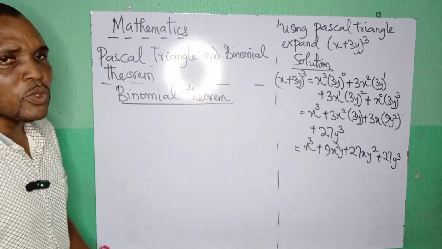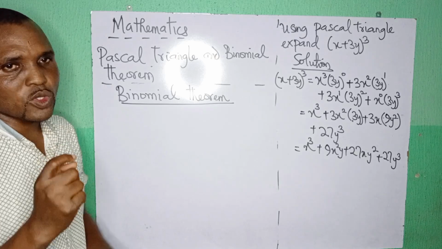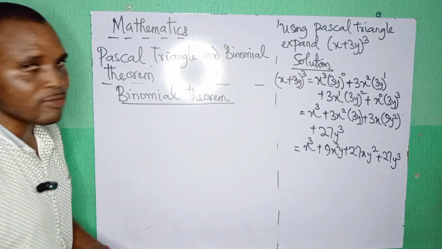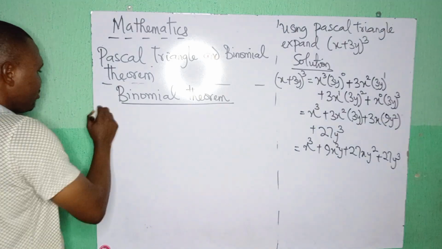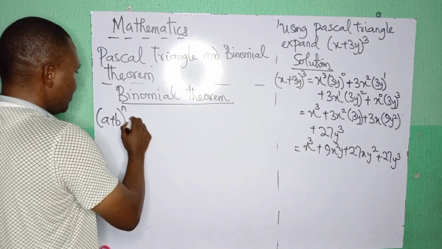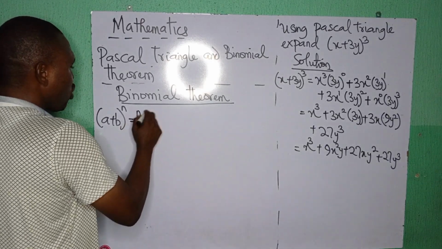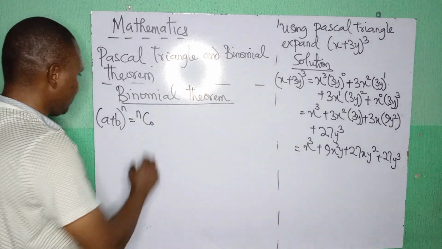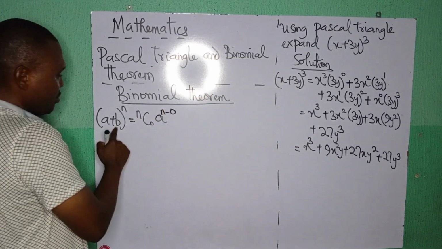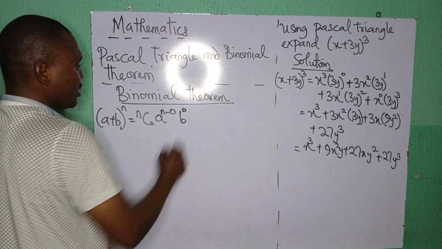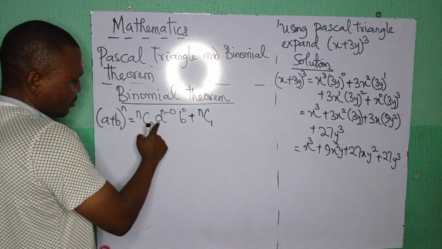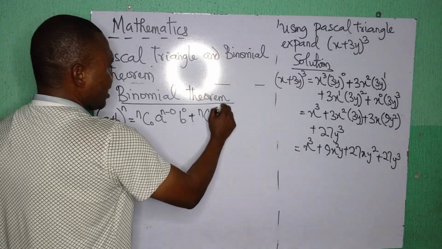Okay, so before we use the binomial theorem to expand this, I want us to get the formula. The binomial theorem formula. If I have (a + b) raised to the power of n, this can be written as n combination 0, a raised to the power of n minus 0, b raised to the power of 0, plus n combination 1, a raised to the power of n minus 1.